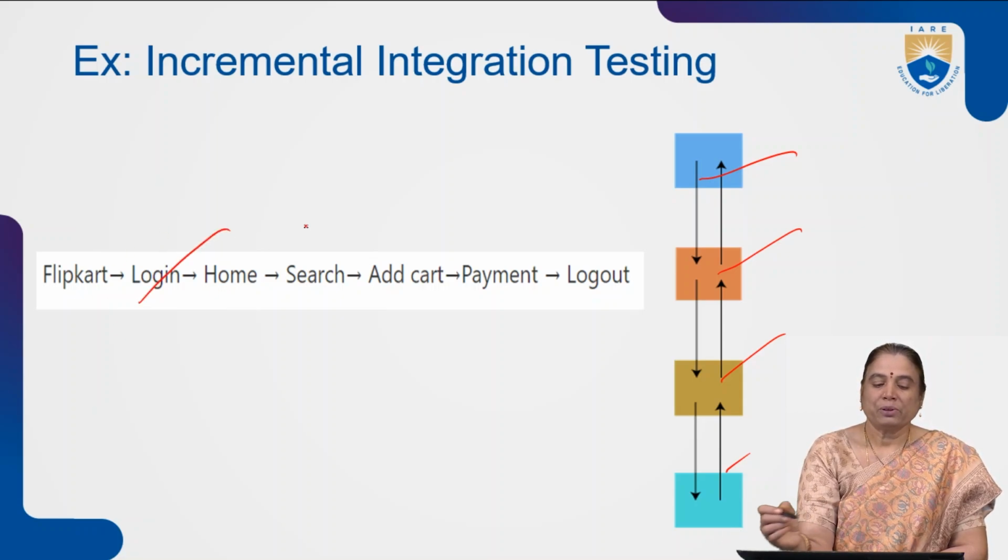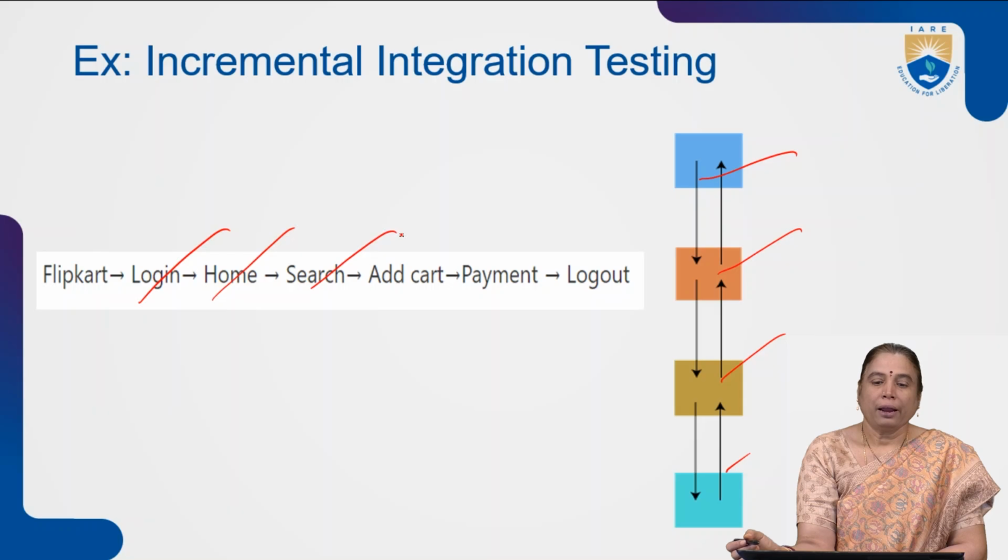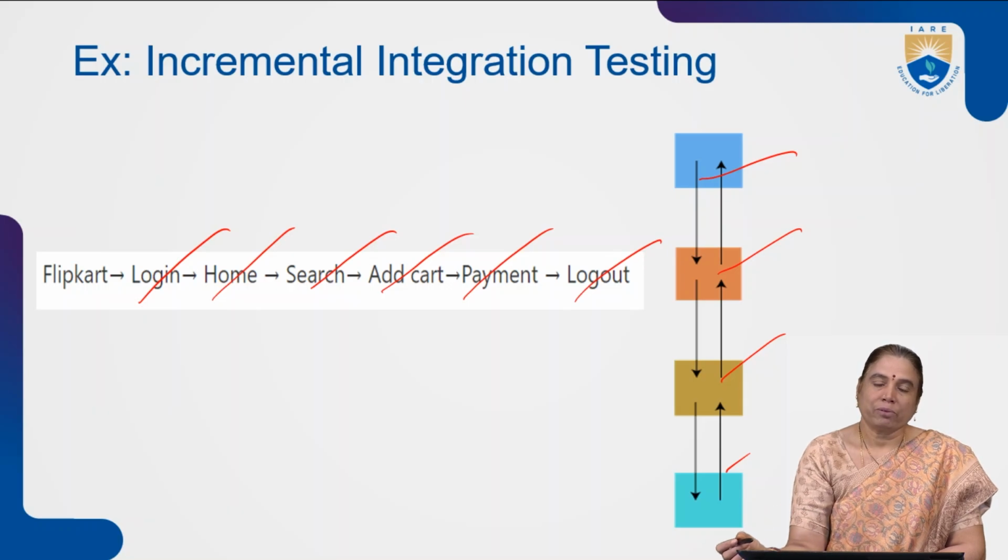Next, the home page has to appear. There, the user searches for the desired product, and the selected product is added to the cart. Then the payment must be performed by the user, followed by logout. So incrementally, the activities or modules are integrated according to the need, verifying the functionality of the system.